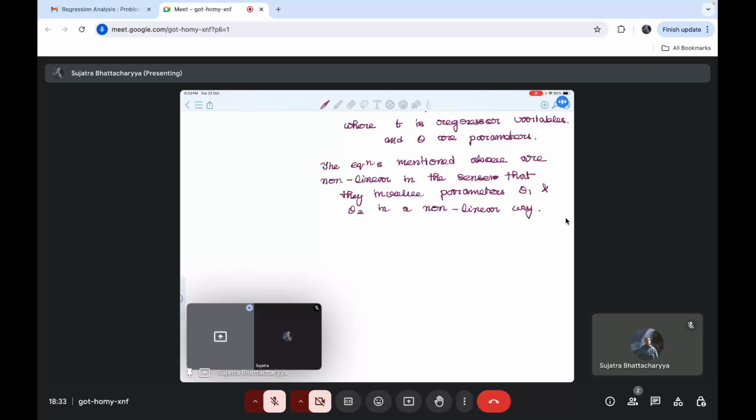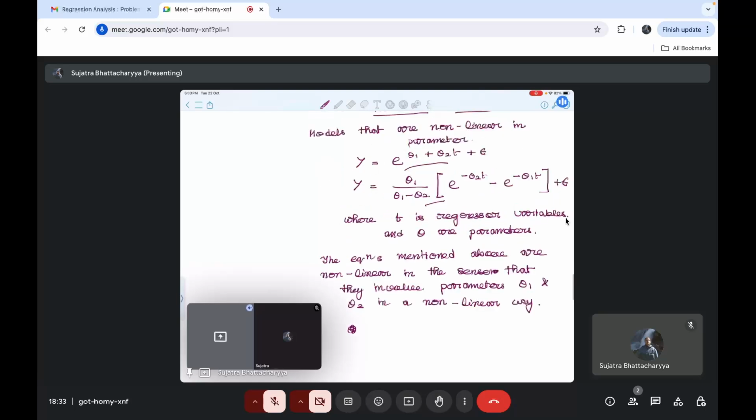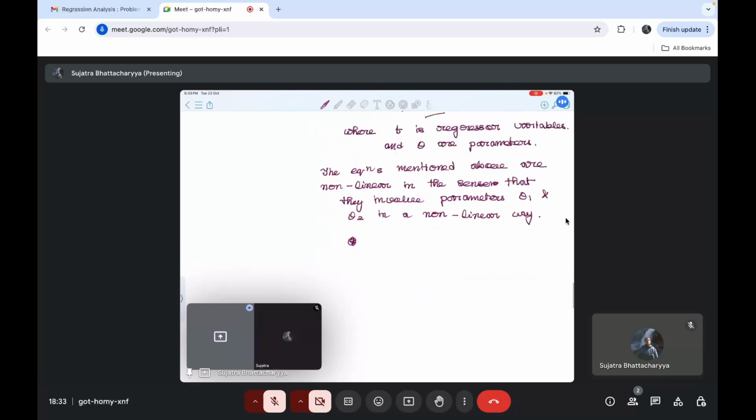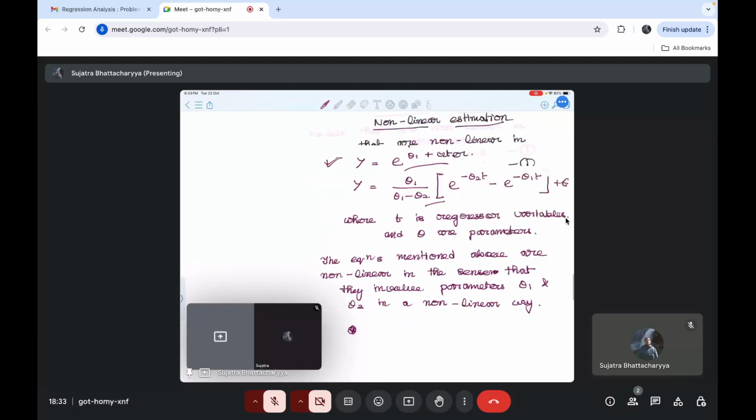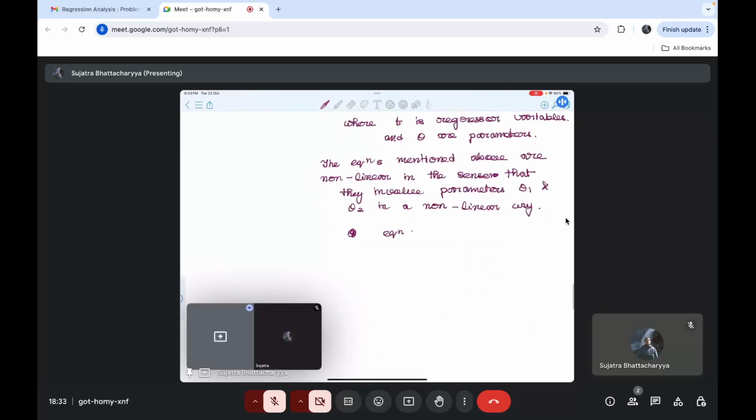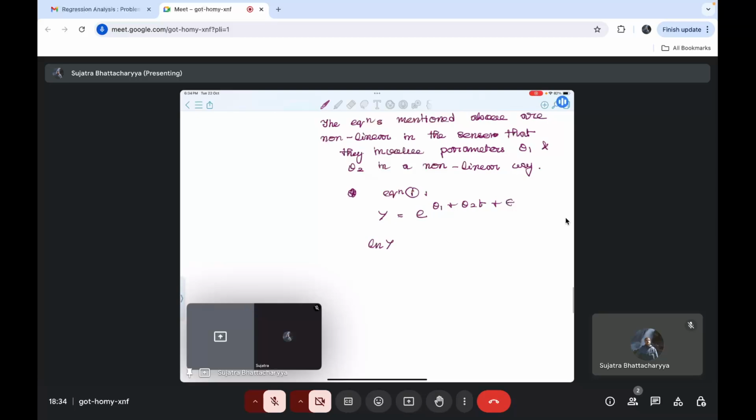Okay, so now suppose you have another example, say the first one. Suppose you look at this one. Let us say this is equation one: y is equal to e to the power theta 1 plus theta 2 t plus epsilon. Right? Now if you take log, log of y will be nothing but theta 1 plus theta 2 t plus epsilon. So you can write this as y dash and this as some x.